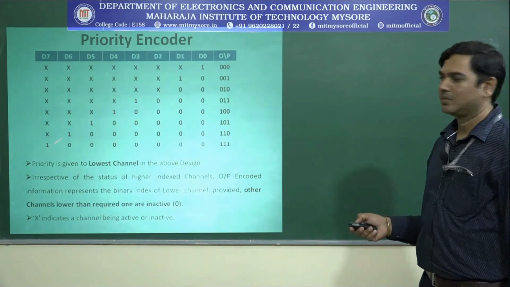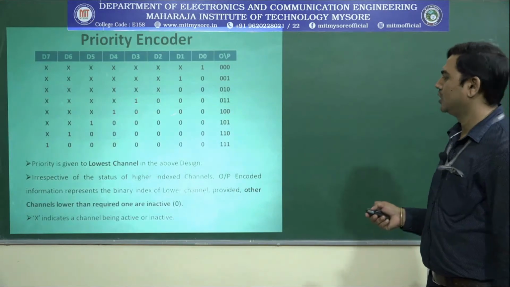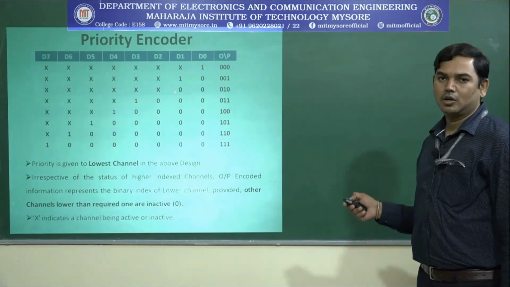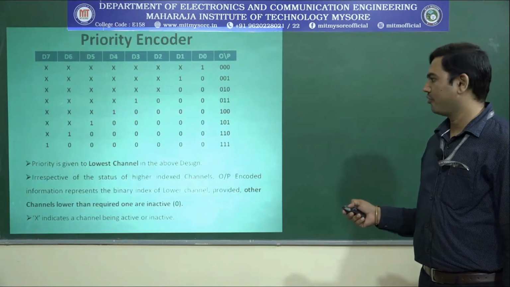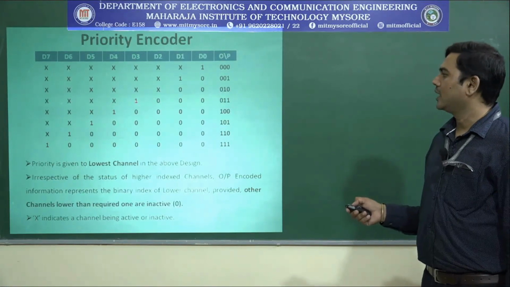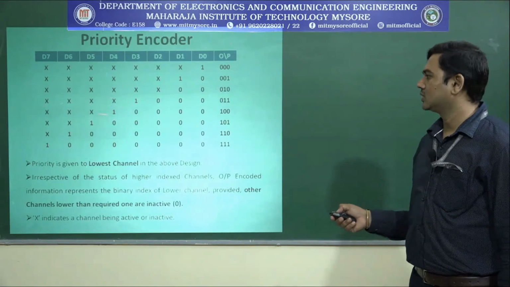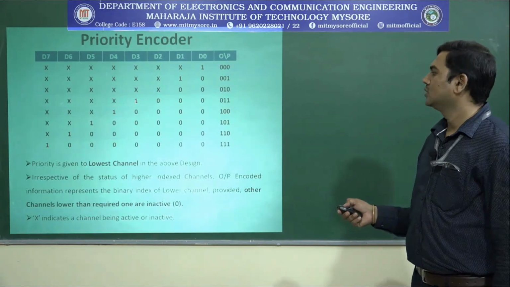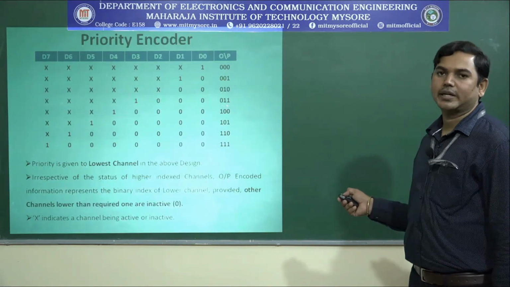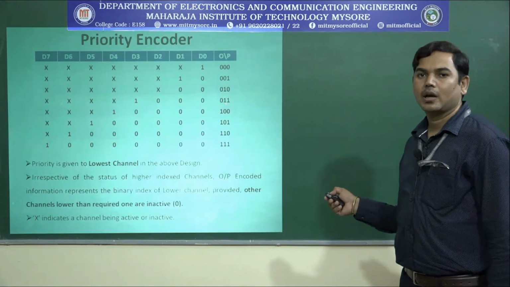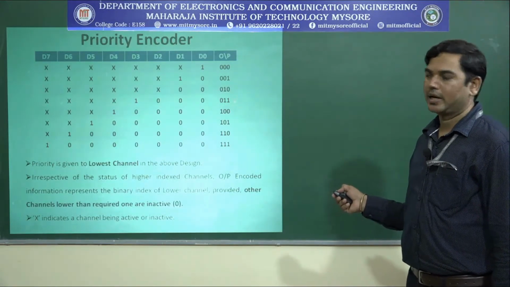Let us go to the last table. Like this, you can analyze all the rows. Provided the LSBs are off, then the lowest of these channels will be selected, and that index will be at the output of the priority encoder.